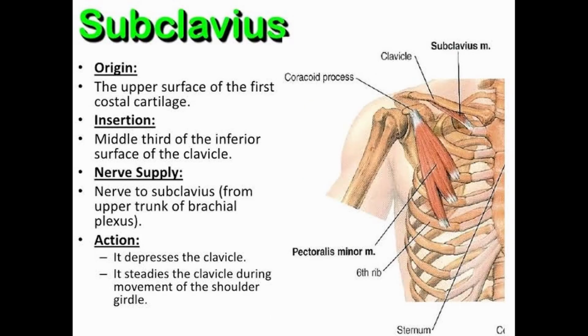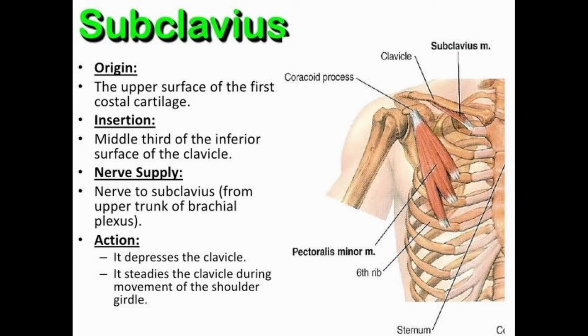Now the third muscle is the subclavius muscle. The subclavius muscle takes origin from the upper surface of the first costal cartilage and is inserted into the medial third of the inferior surface of the clavicle.